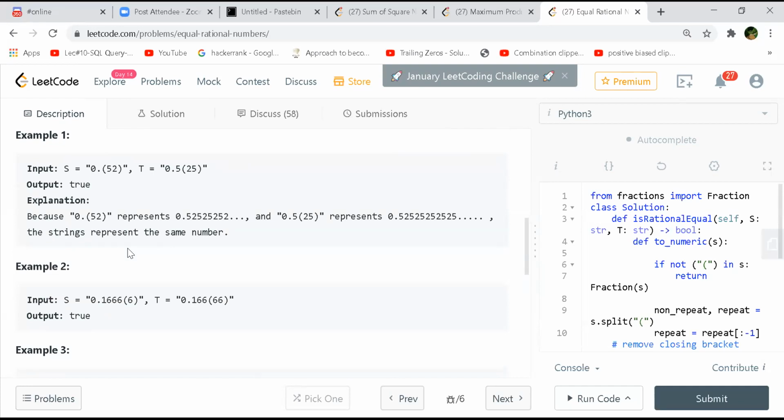So 5 divided by 10 can be one fraction. And then you take 25 divided by 100, which can be another fraction, right? Then you form a GCD, like 25 and 100. The GCD will be 25. You divide both of them by 25, so it'll be 1 by 4. So maybe something like that can be done.